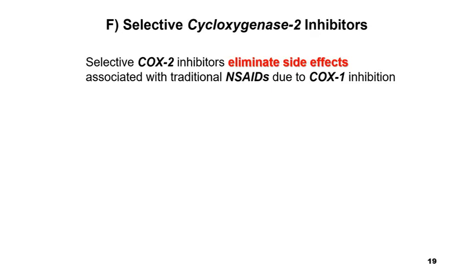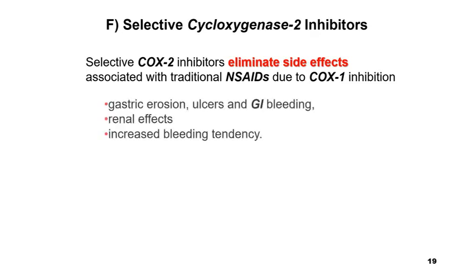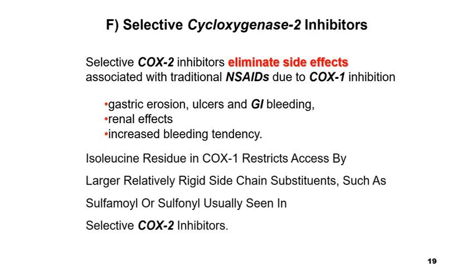The selective COX-2 inhibitors eliminate the side effect associated with gastric irritation and ulcers, as the traditional inhibitors of the COX-1 enzyme are doing. There is no risk for gastric erosion, ulcers, or bleeding, and minimal risk of renal effects and bleeding tendencies.